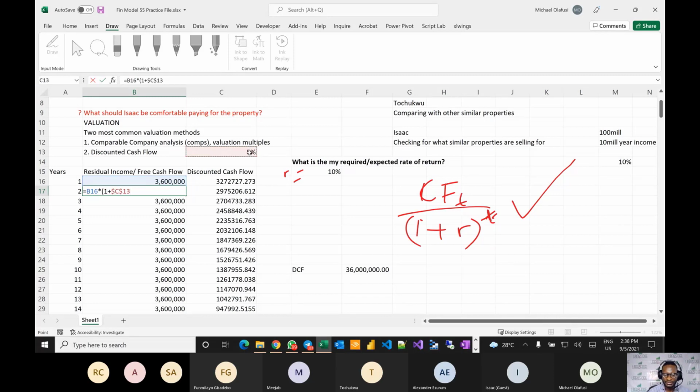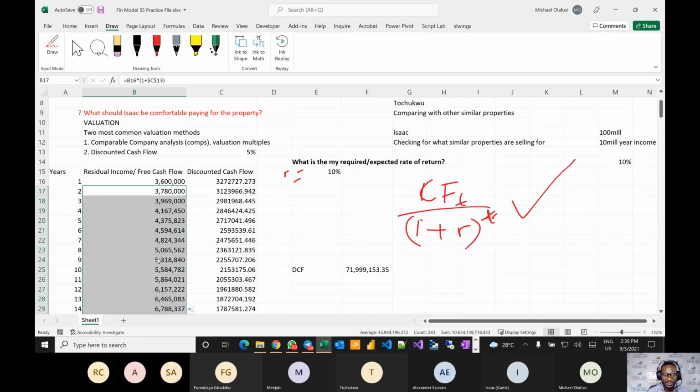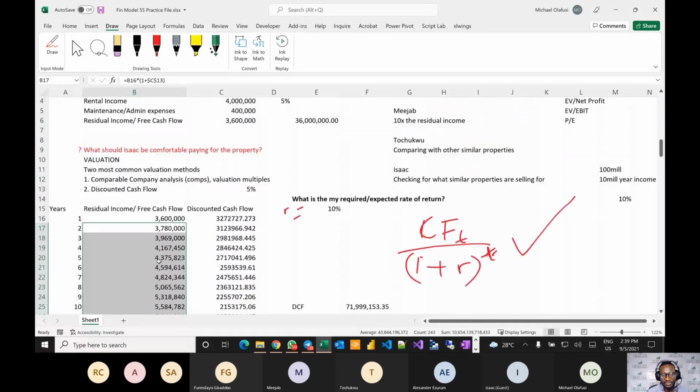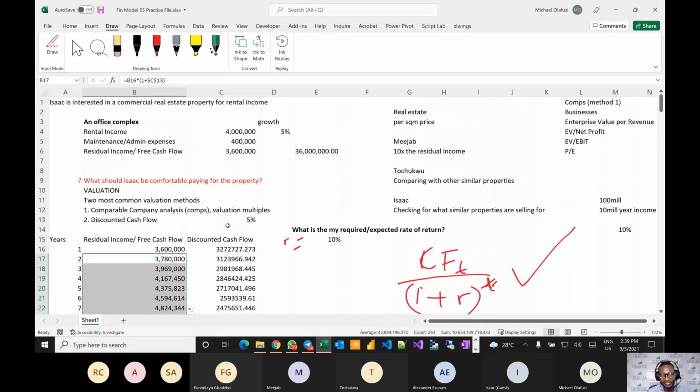I make this absolute so that it will not be moving and my formula will correctly be picking 5% all the time. So when you do this, you see that the rental income is growing 5% every year.